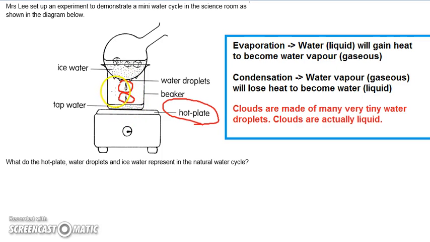What do these represent? And the ice water is where heat is lost. All right, heat in the water vapor is lost. So what do these three things represent? I've given you lots of clues. All you have to do is look at the options given and decide which one fits best.